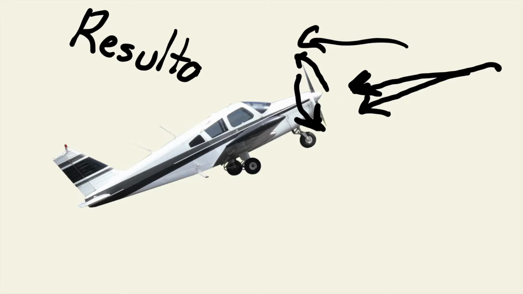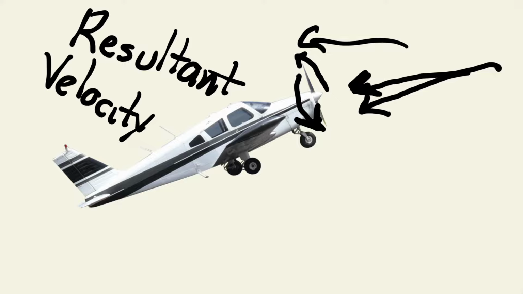It's going to decrease the velocity on the ascending blade and increase the velocity on the descending blade, which is ultimately going to change what the FAA calls the resultant velocity. So the resultant velocity of the descending blade is greater than the resultant velocity on the ascending blade, and that is what gives us our asymmetric thrust.